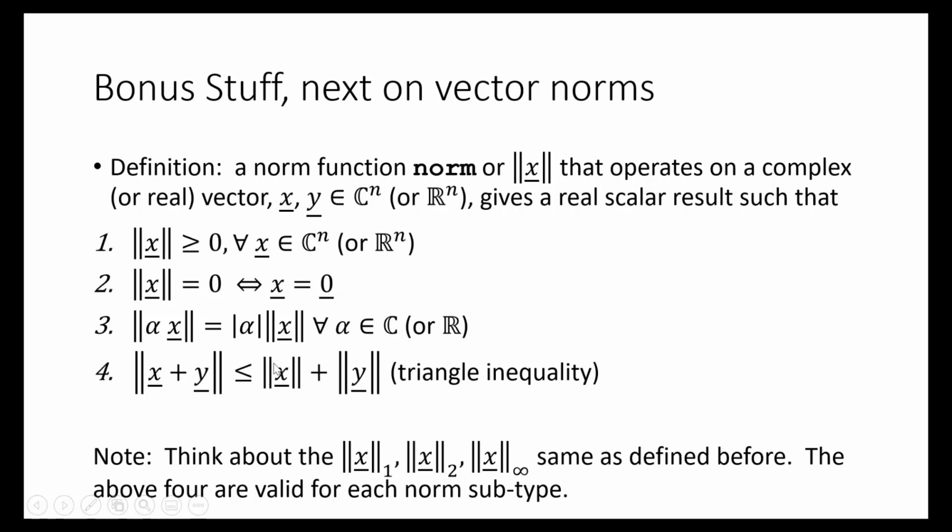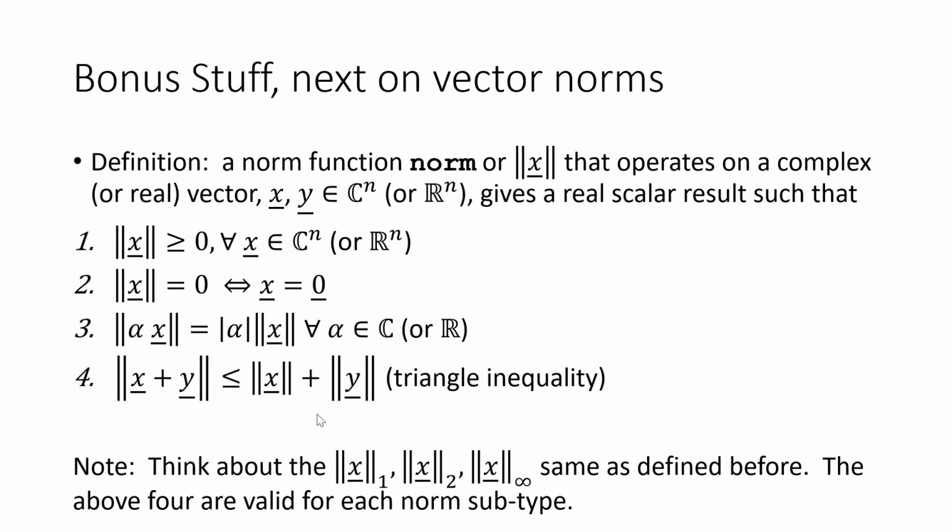And then there's the triangle inequality thing that comes about again, and it says that the norm of the sum of two vectors is going to be less than or equal to the sum of the norms of the vectors taken individually. These properties that I'm showing you for vector norms, they are valid whether you're talking about a 1 norm, a 2 norm, or the infinity norm.